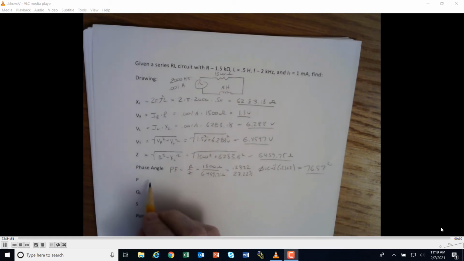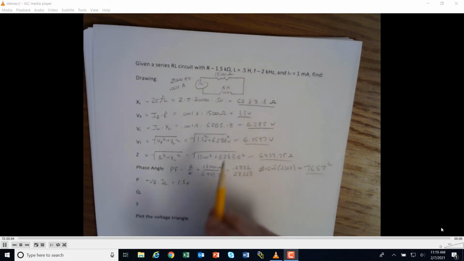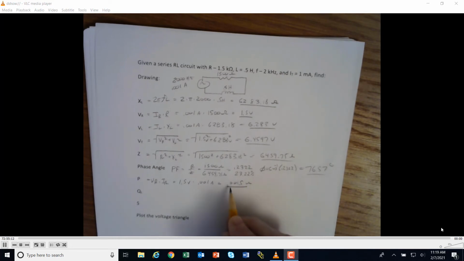My power, so this is real, and it's VR times IR. This is what we're getting out of the circuit that's positive, and we're going to have 1.5 volts from up here, and we're going to times it by 0.001 amps because that stayed the same, and we get 0.0015 watts of the good stuff. But we have inductive reactance.